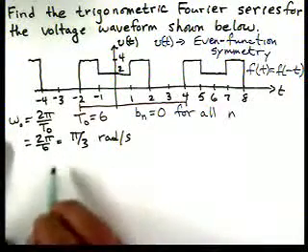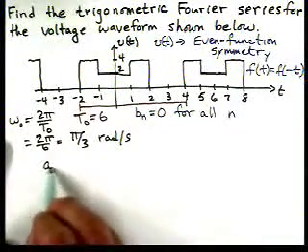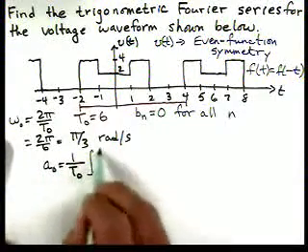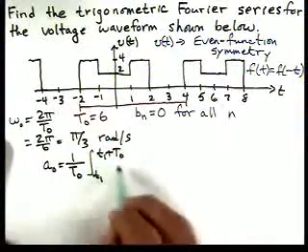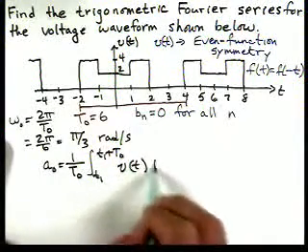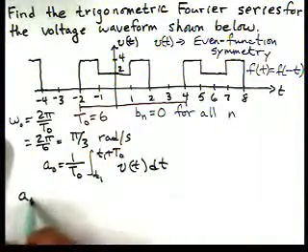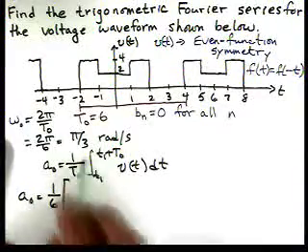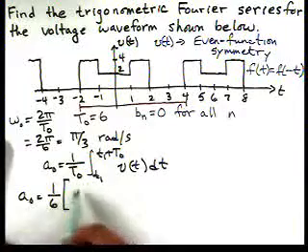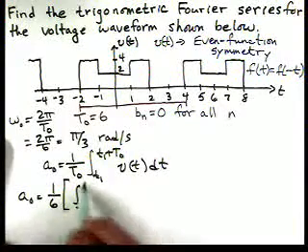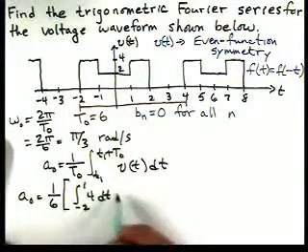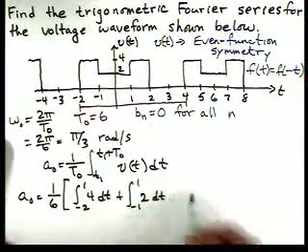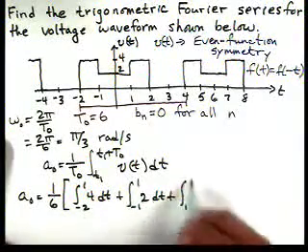So let's start off with a0. a0 is 1 over T0 times the integral from t1 to t1 plus T0 of v(t) dt. Looking at our function, we've got 1 over 6. It has a value of 4 from minus 2 to minus 1, a value of 2 from minus 1 to 1, and a value of 4 from 1 to 2.